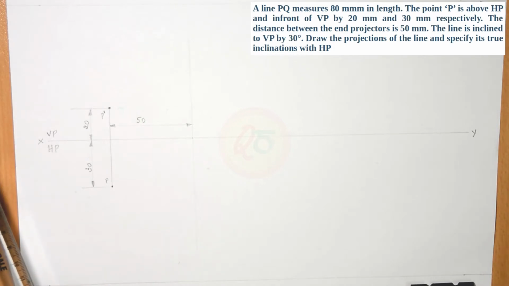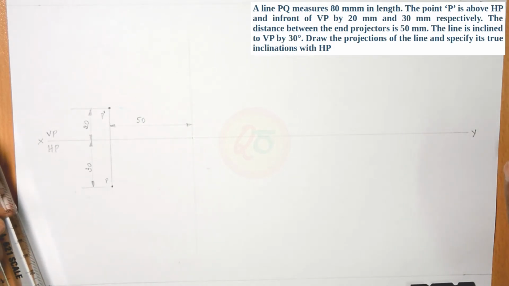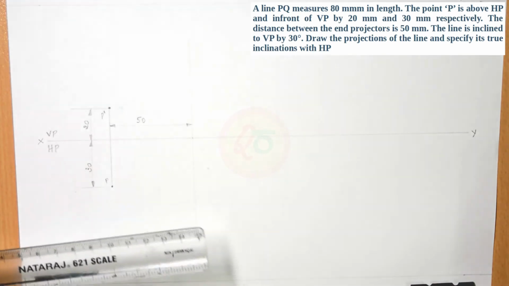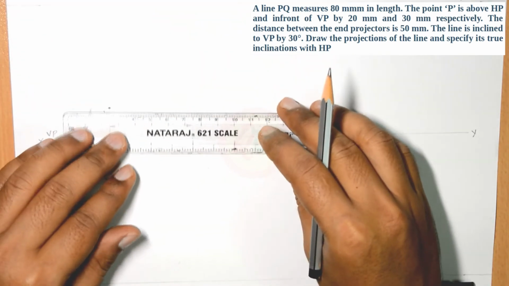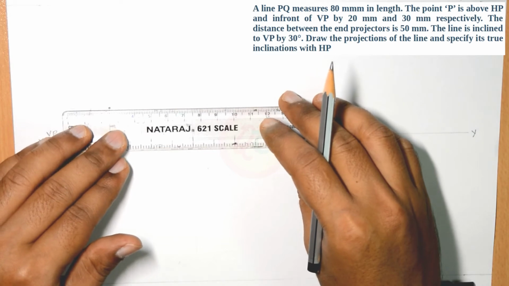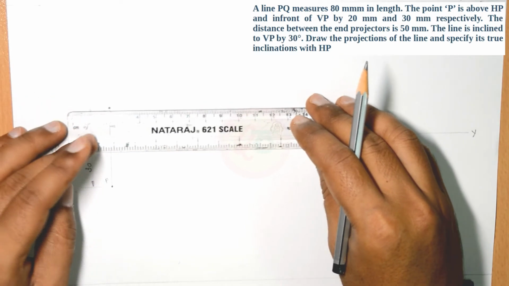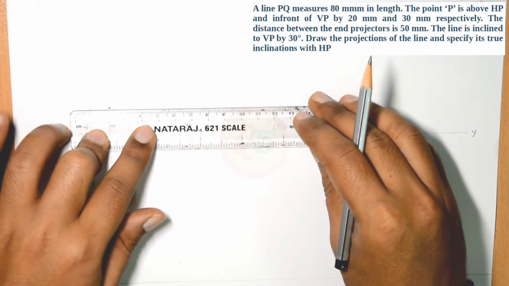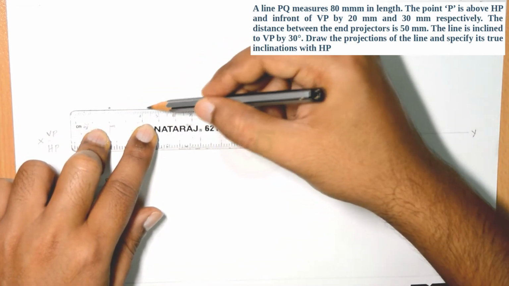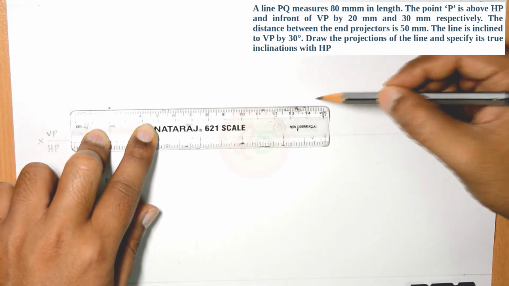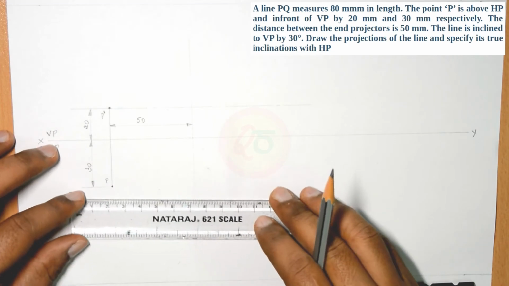Okay. Now, he says the line is inclined to VP by 30 degrees. So, again, I'll mark the locus at point P dash and P respectively, both P dash and P. The locus, as discussed, will be a longer line followed by a very short line.